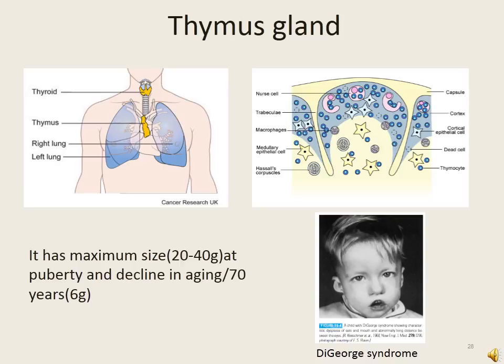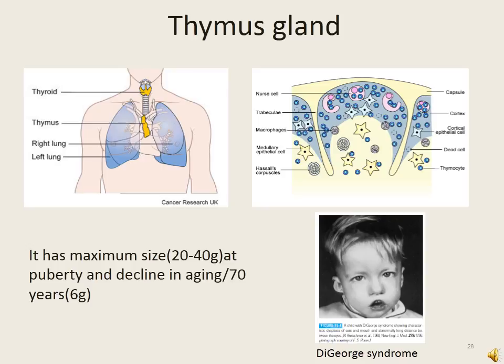And the lower text shows you that the size of the thymus gland is not big, and it has its maximum size at puberty, not more than 40 grams, and the size will decline according to age. For people more than 17 years old, the size of the thymus gland is only 6 grams.